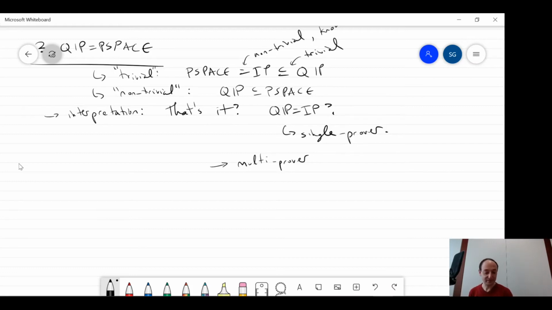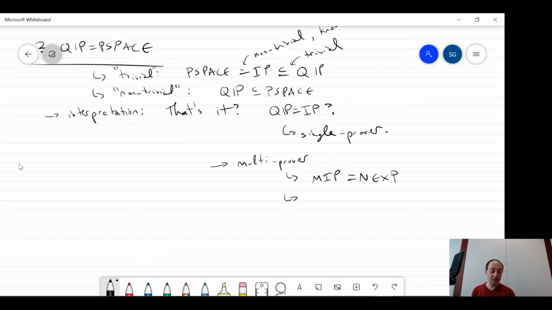In the multi-prover setting, it's actually known that classically, MIP, which is multi-prover interactive proof, where now you have multiple provers, and they can't talk to each other once this protocol begins, otherwise they might as well be one prover, is known to not equal PSPACE, but to actually jump up to NEXP, okay?